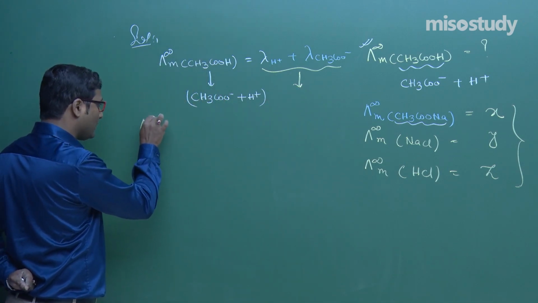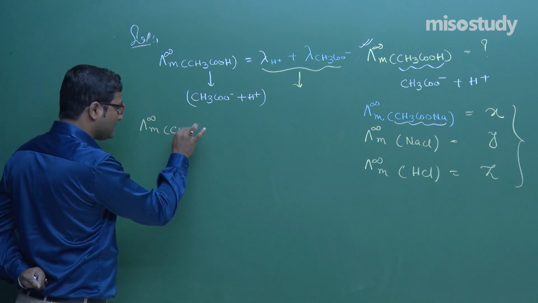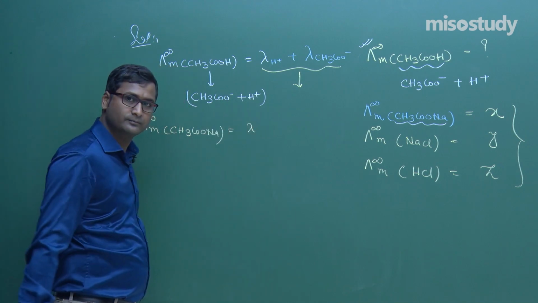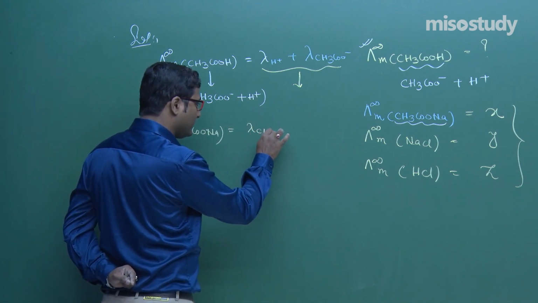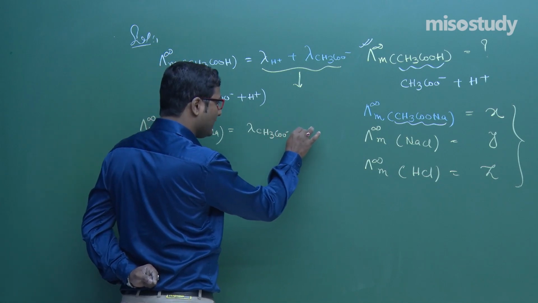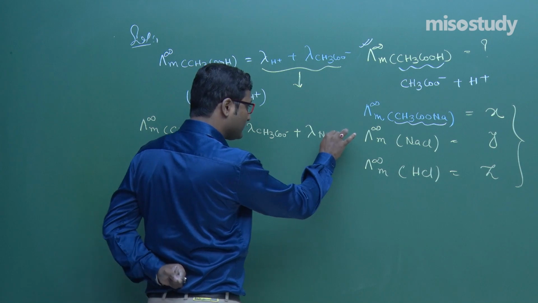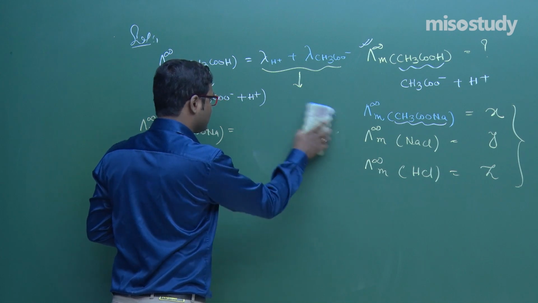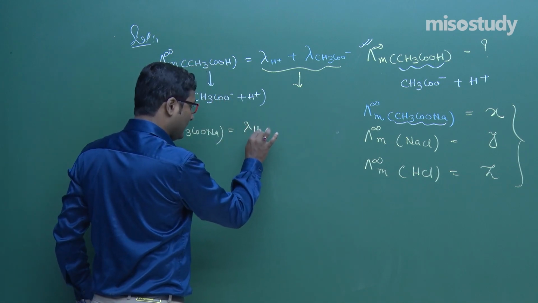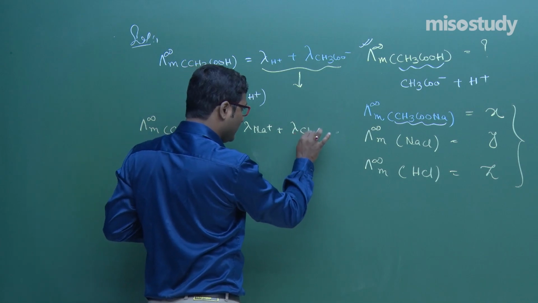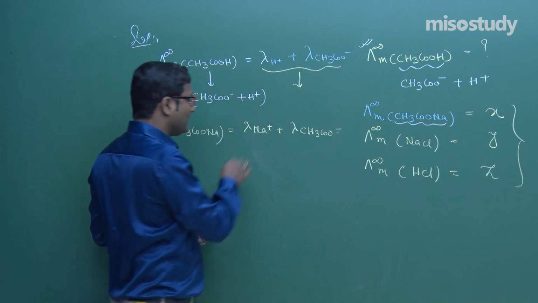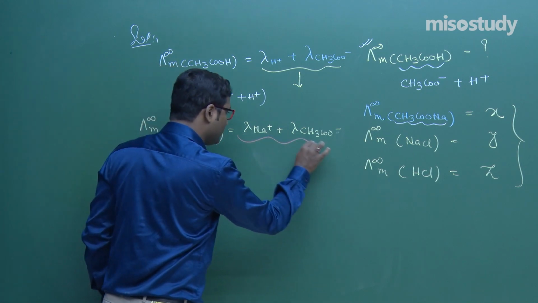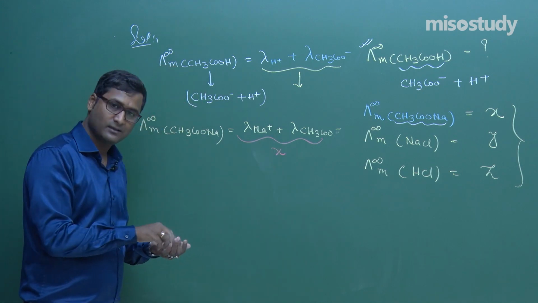If I write here molar conductivity of CH3COONa, it can be represented like this, lambda CH3COO minus and lambda Na plus. It is better to write plus before and minus after, lambda Na plus and lambda CH3COO minus, that is the ionic conductivity of cation and ionic conductivity of anion, and the overall value is given here, that is X. Yes sir.